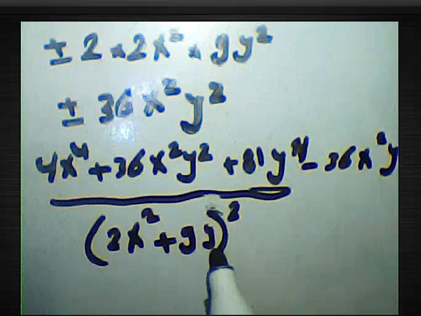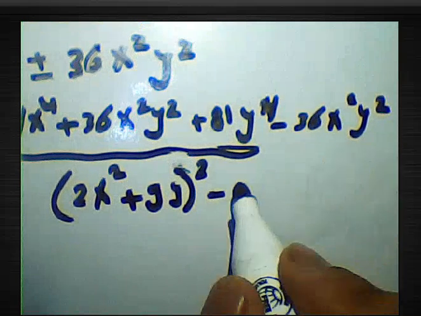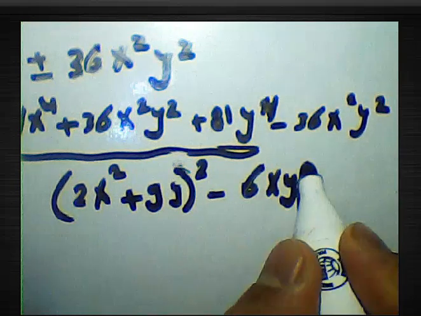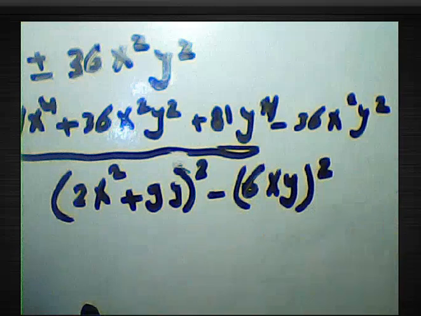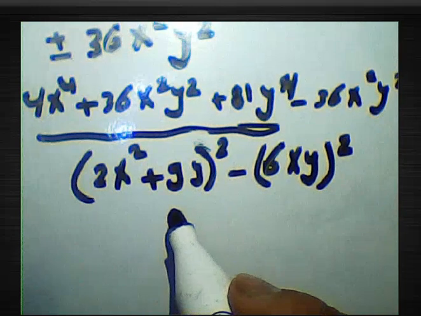Okay, subtract 36x power 2 y power 2, we can write (6xy) all power 2, and then factorize this expression. It will be the difference between two squares.